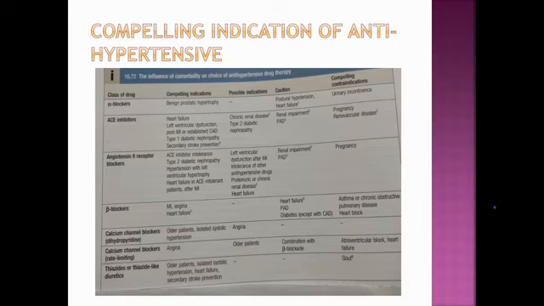Thiazide diuretics: in older patients, isolated systolic hypertension, and heart failure, you can use this. But the main contraindication is hypertension associated with gout. So these are the compelling indications of antihypertensives, and it is very easy to remember.